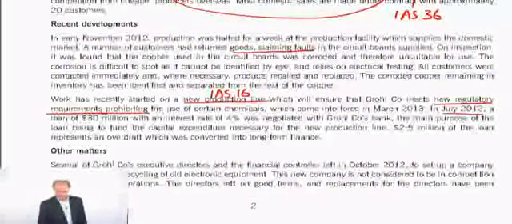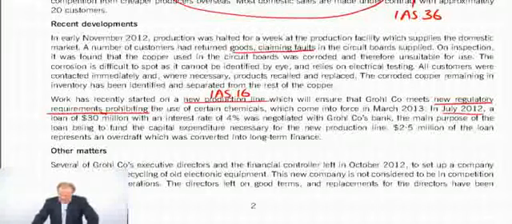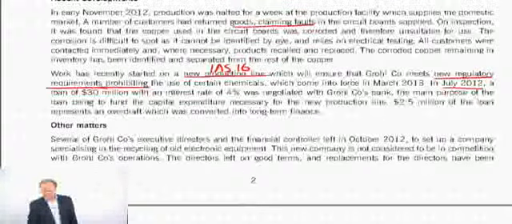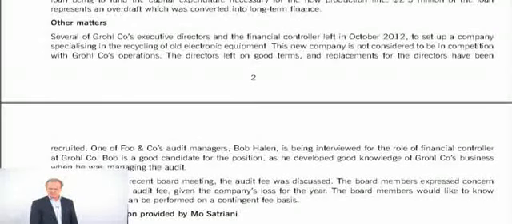Oh, sorry, let's go back to the question. Have we missed anything? Dealt with the new regulatory requirements, dealt with the loan. Other matters. Several of Grohl's executives and the financial controller left in October 2012 to set up a company specialising recycling old electronic equipment, not considered to be in competition, left on good terms.